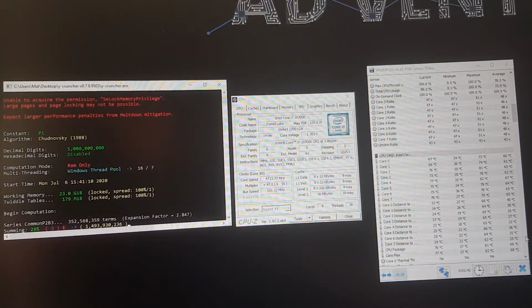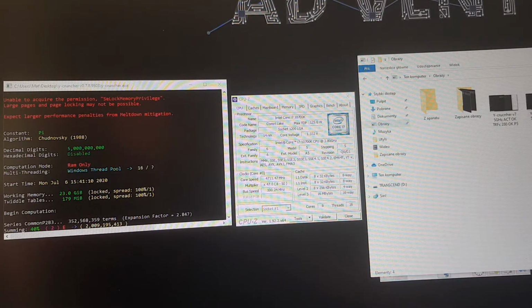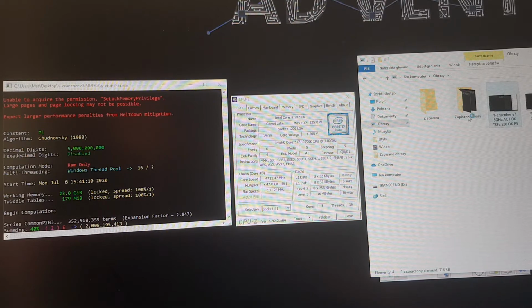And that's how the system will end this benchmark, and I know because I have already tested it a few times, and I have this Y-cruncher test done.